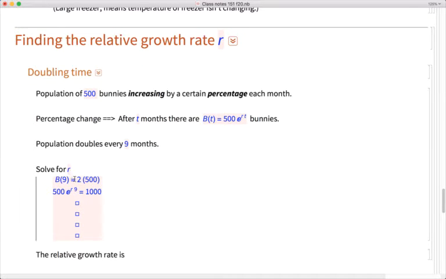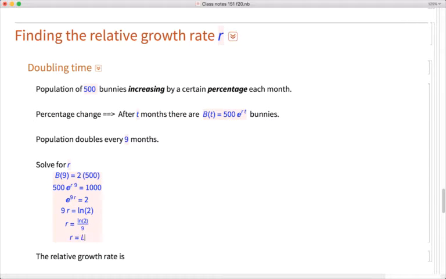So the doubling time is what gives us our equation to solve, and we should be old hats at this now. Divide by 500, we get 2. Take the natural log of both sides: natural log of 2 equals 9R. Then divide through by 9, so R is natural log of 2 divided by 9.